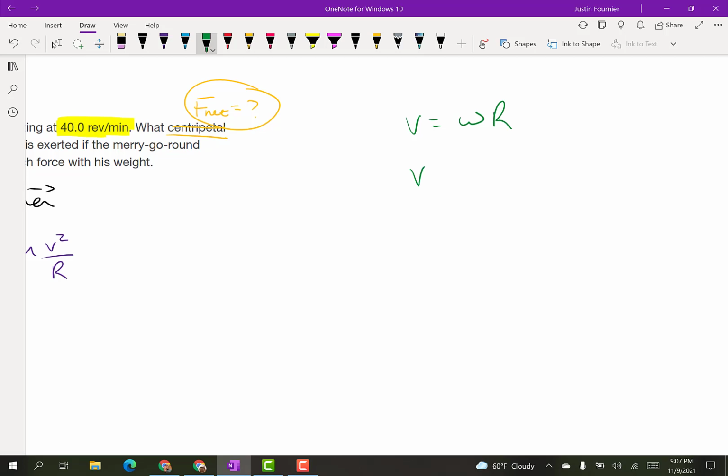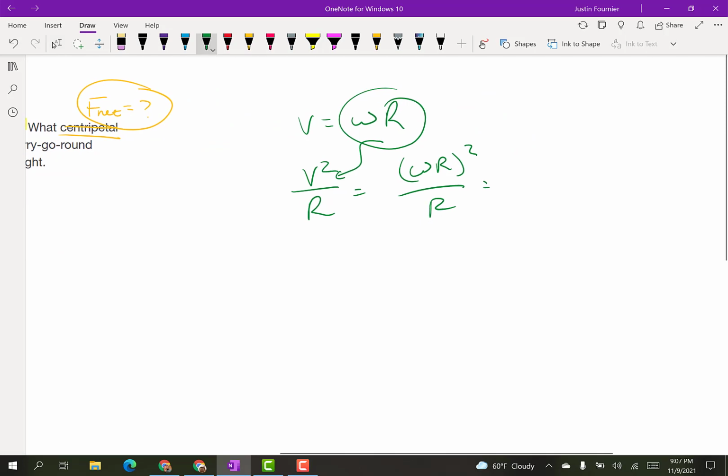So if I have v squared over r and I replace v with omega times r, distributing the square I get omega squared r squared over r, and then r cancels. Another way I could write the centripetal acceleration is omega squared, the angular frequency, multiplied by the radius.